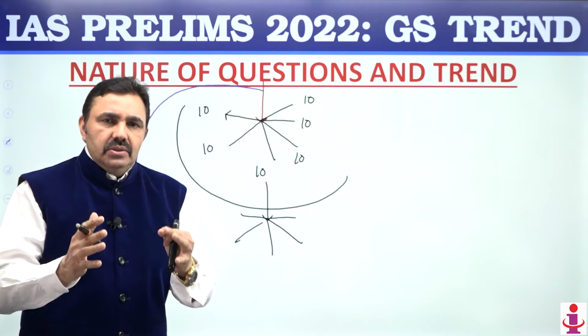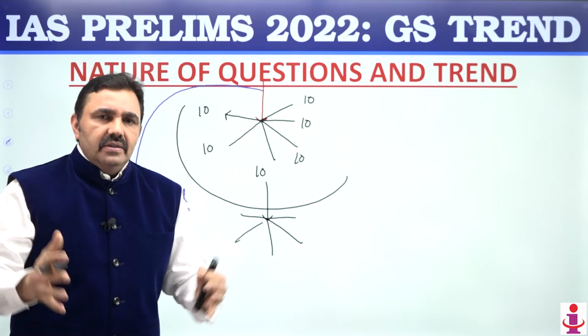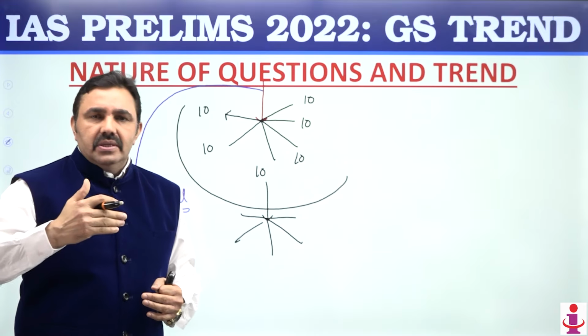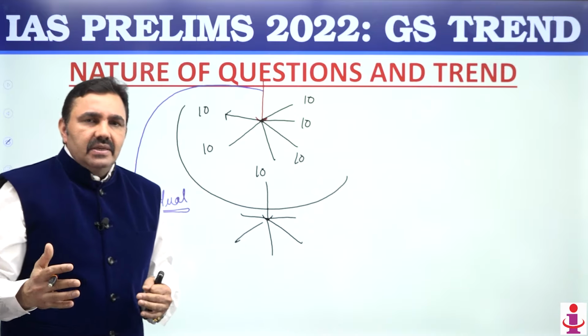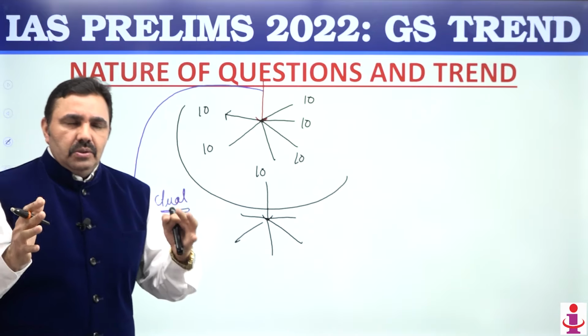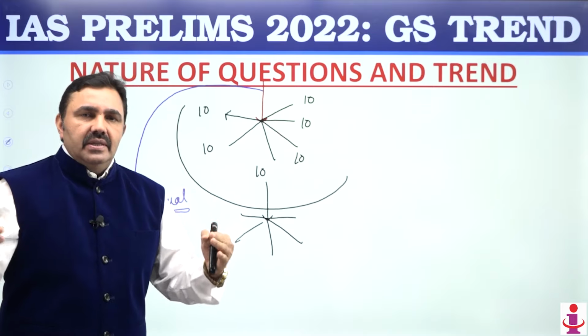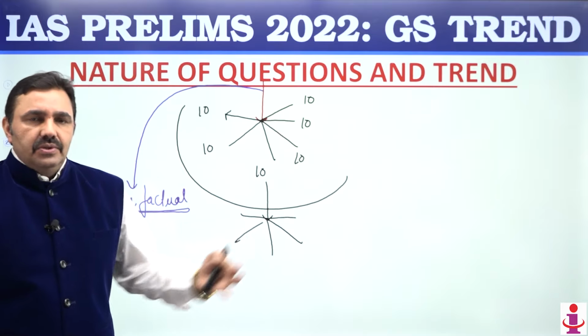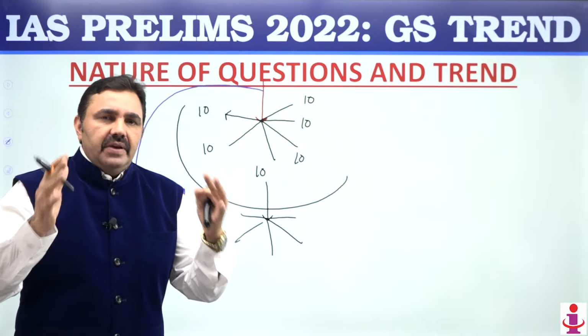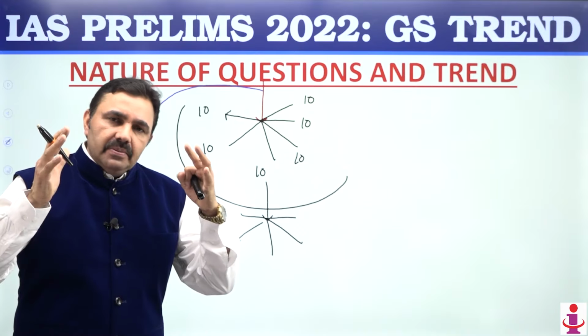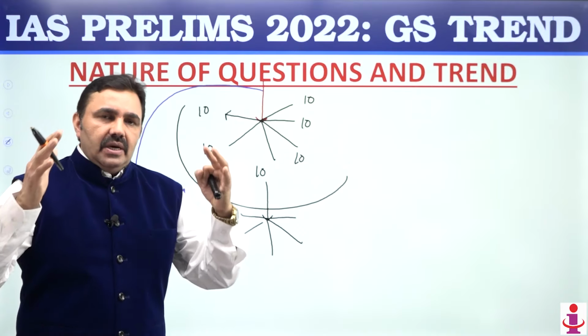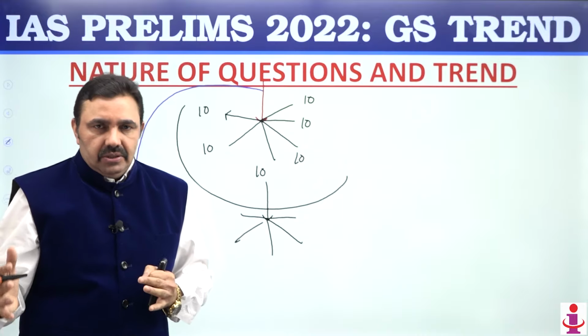These kinds of questions you can answer only if you have read the facts and have been following things very intensively. My understanding is that the level of the question paper this time was a little more difficult than even last year and the last few years because it was on the factual side. Once a paper is factual, difficulty increases because either you know it or you do not know it.